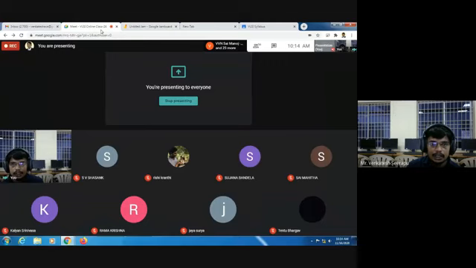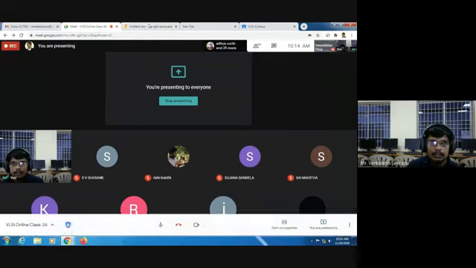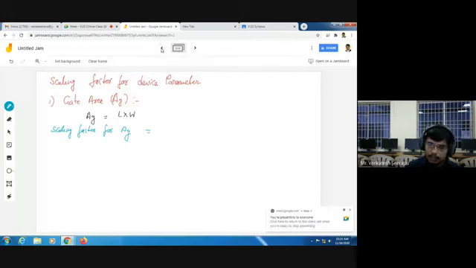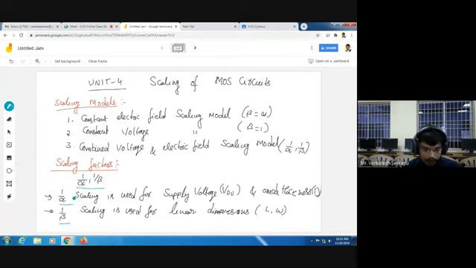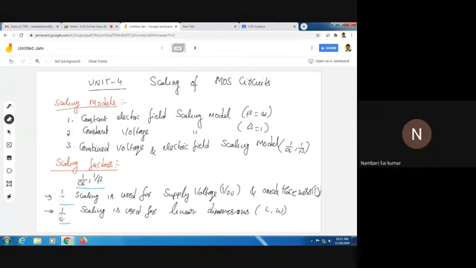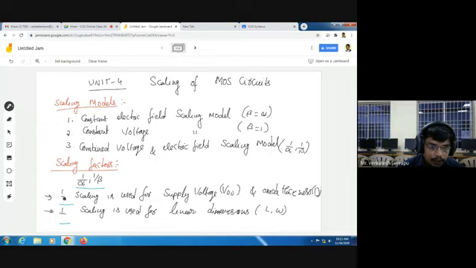For linear dimensions, vertical and horizontal dimensions, we have 1 by beta is the scaling factor for supply voltage and, sorry, I have given it wrong. 1 by beta is the scaling factor for supply voltage and oxide thicknesses, whereas 1 by alpha is the scaling factor for linear dimensions like vertical and horizontal dimensions of a surface.